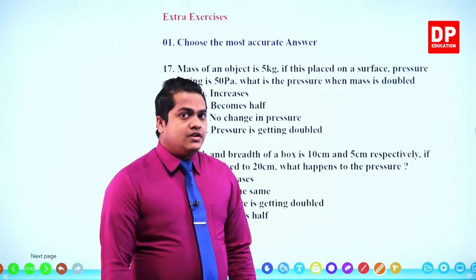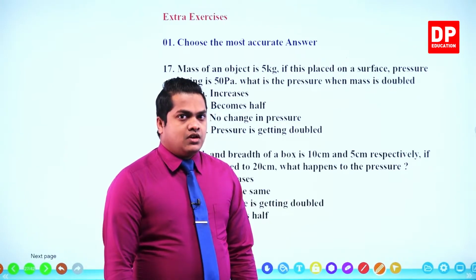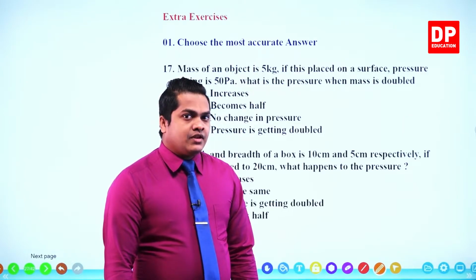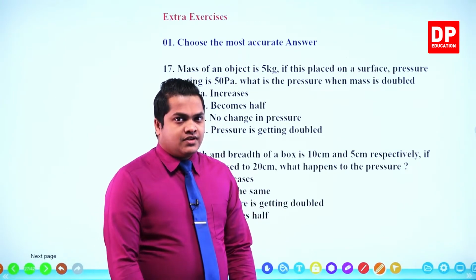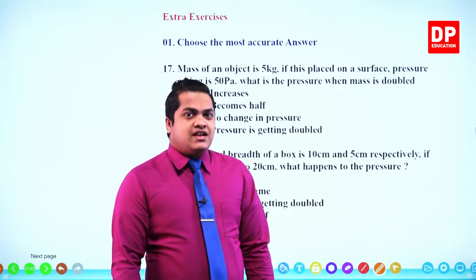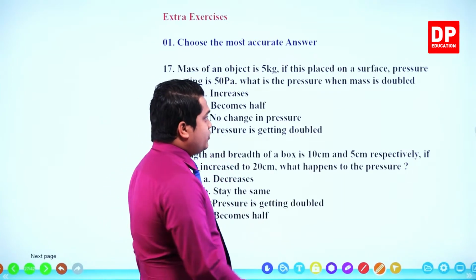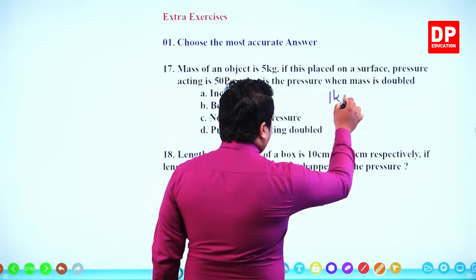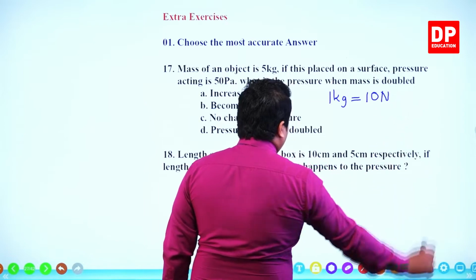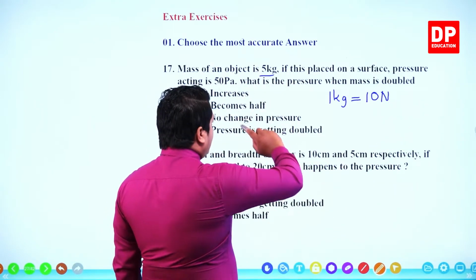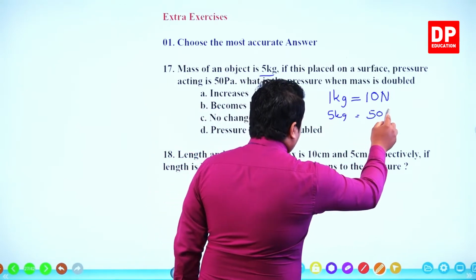In the earlier lesson number 4, when we were discussing force, I told you how to convert masses into newtons, that is, how to convert a mass into a weight. I gave you an example: 1 kilogram of mass is equal to 10 Newton of force. So if there are 5 kilograms, we can say it's equal to 50 Newton, right?